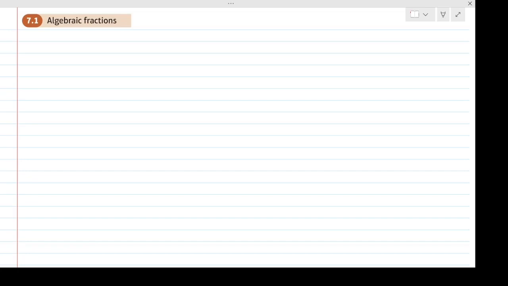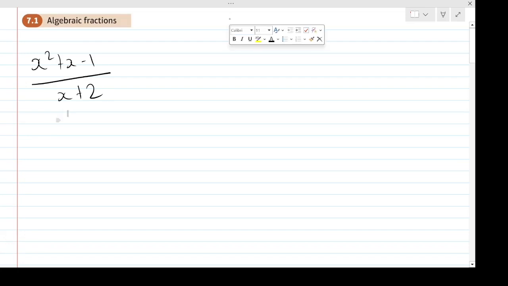Well, for example, this is an algebraic fraction, and that's because we have algebraic terms, or terms of x, on both parts of the fraction. And so what we call that then is a rational function.